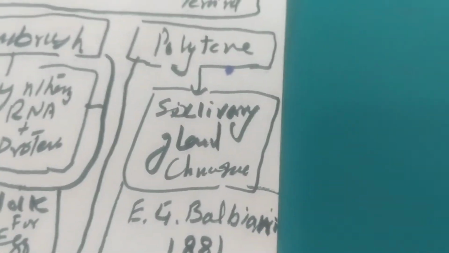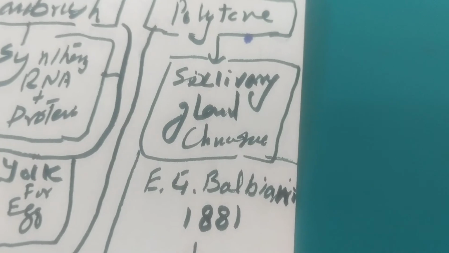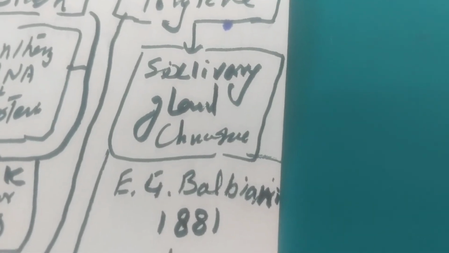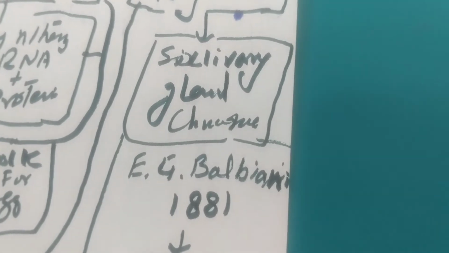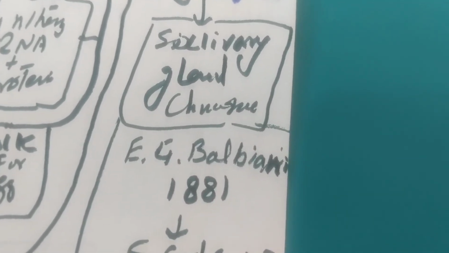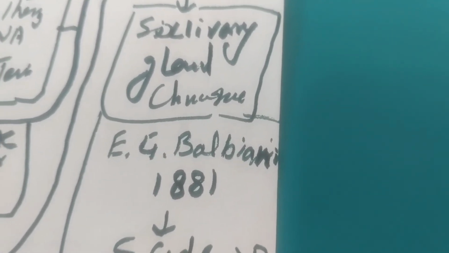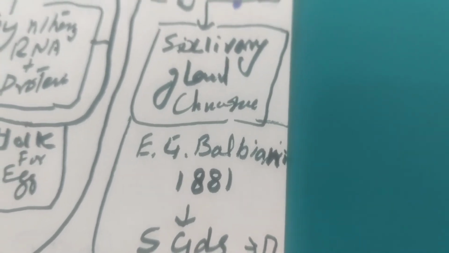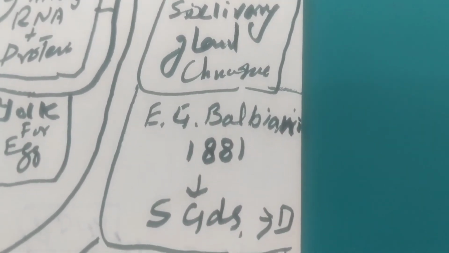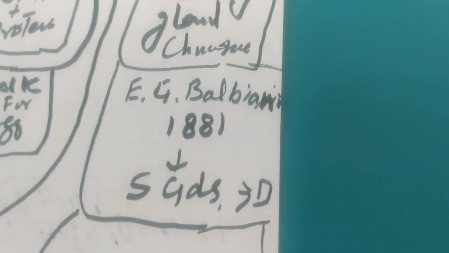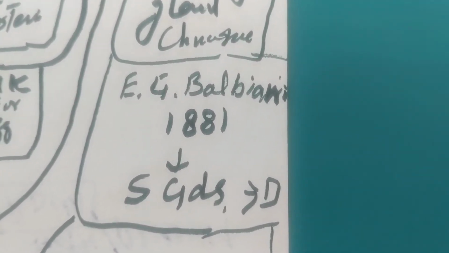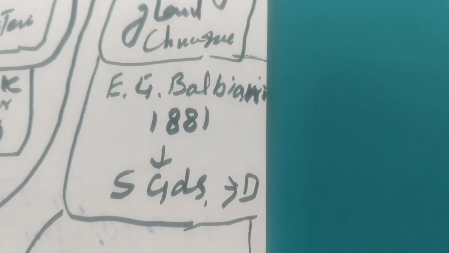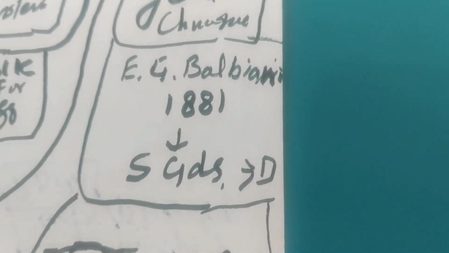So next is polytene, which is also called the salivary gland chromosome, which was first studied by E.G. Balbiani in 1881.